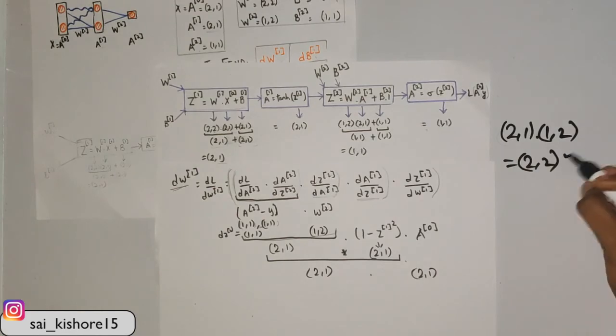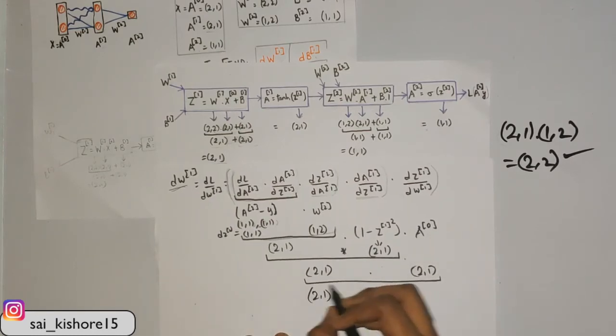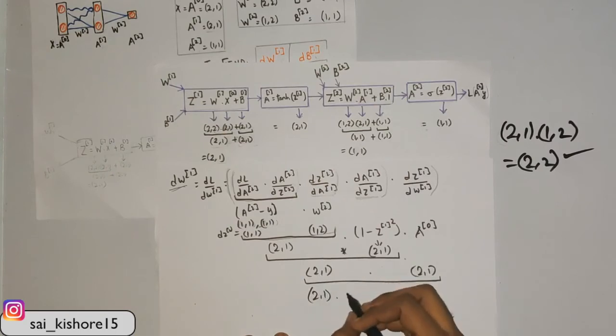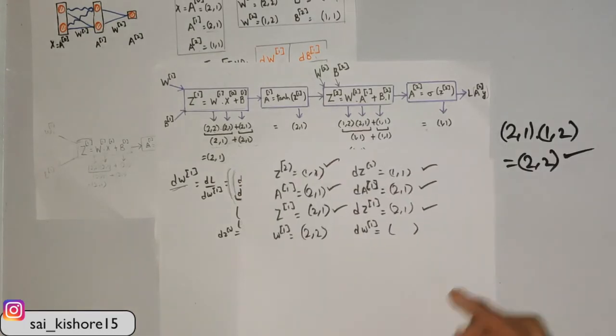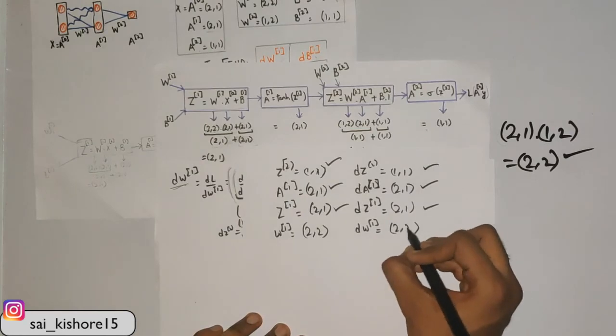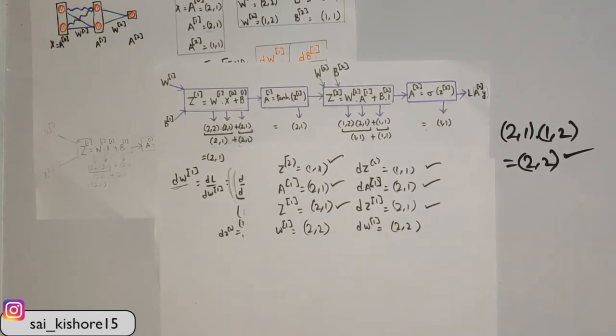So the final objective is achieved. If you take these two terms, keep it as it is and take the transpose of this, you're left with 2, 2. And then the final gradient of the loss function with respect to w1 is obtained.